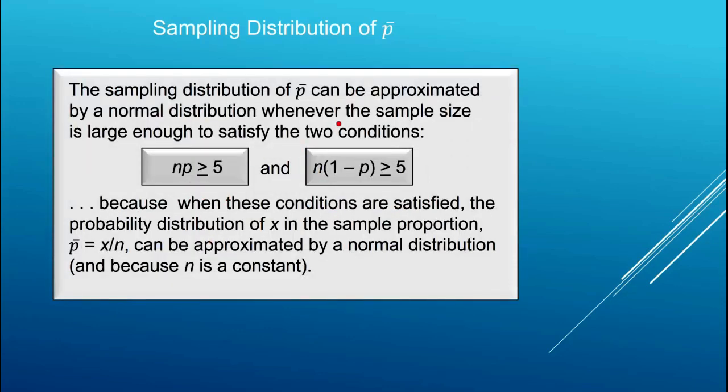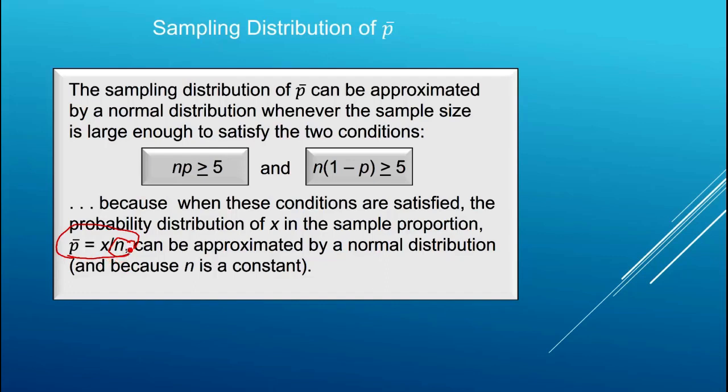One thing I want to say about the sampling distribution of P bar is that in general, it's binomially distributed. n can be considered fixed. Sample size is really considered fixed here. We're not going to change it from one sample to the next.